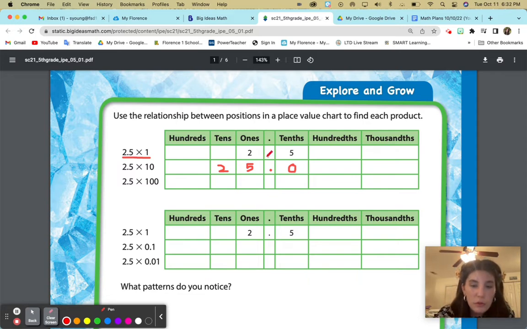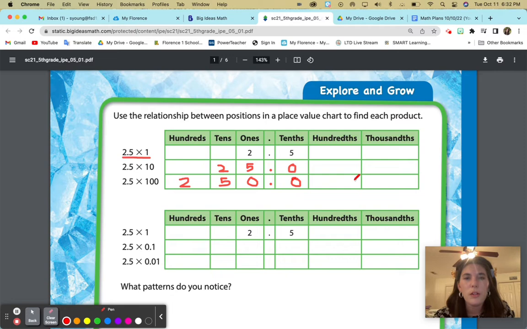So I would move myself up the place value chart twice, and I would see that I'm sitting here. Well, Miss Young, what do I put here? I can't leave it blank. Well, friends, you put that placeholder 0. And then obviously I can see my decimal would sit here, and I have no decimals to the right.